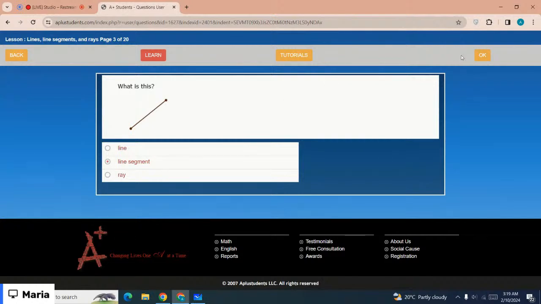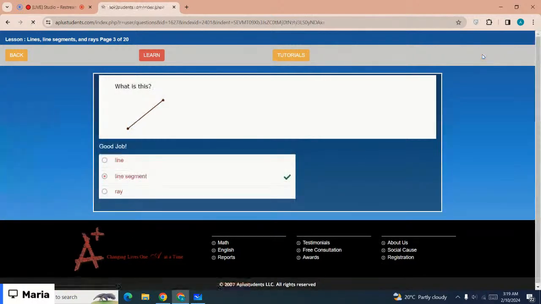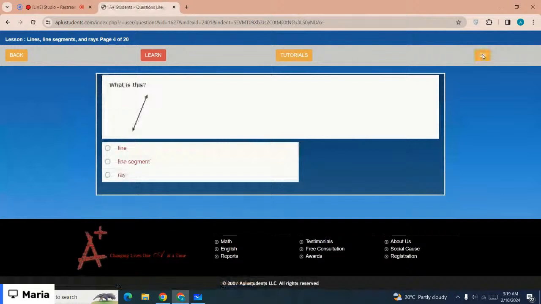Line segment it is, right? What is this? Line segment, ray. Line it is, very good.